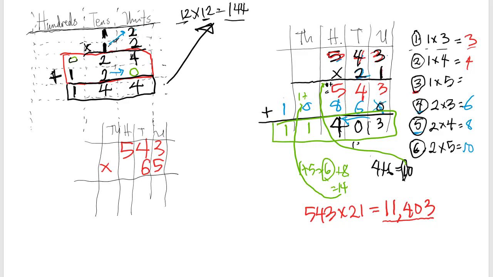The first step to take is to do 5 times 3. 5 times 3 is 15. So you write down 5. You carry 1. You take this 1 up here and add it to the answer you get from doing 5 times 4. For the meantime, you just leave this 1 here. 5 times 4 is 20.